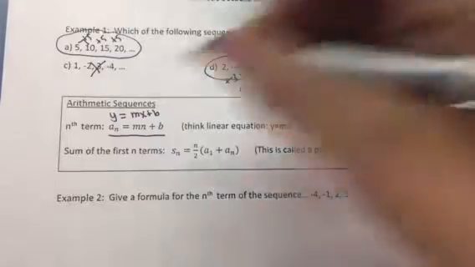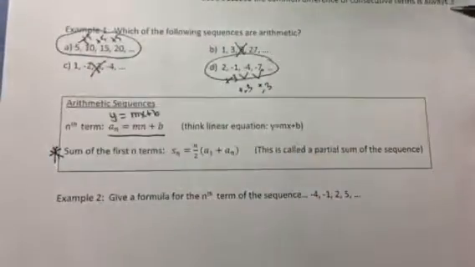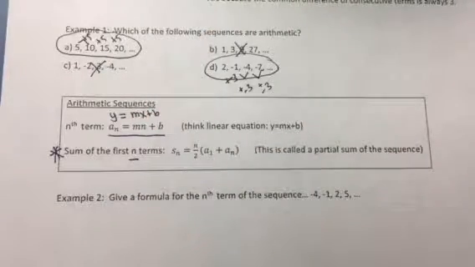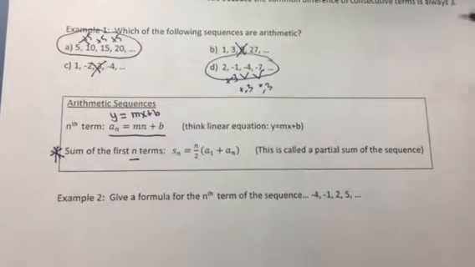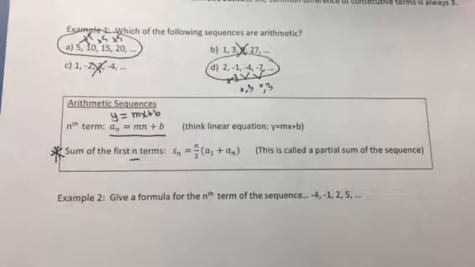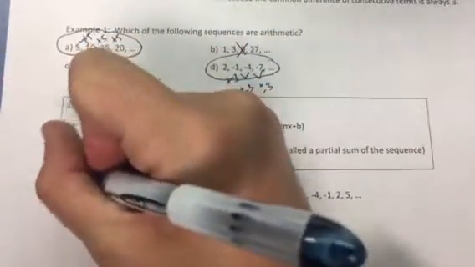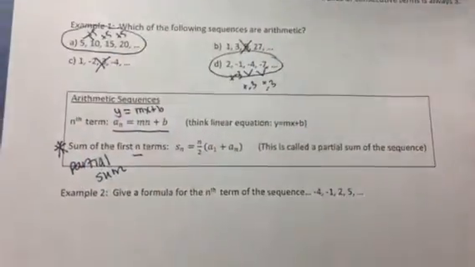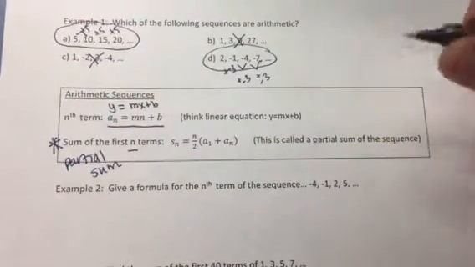All right, the sum of the first n terms, and this is pretty important, I'm going to put stars by this. The sum of the first n terms is another way of saying the partial sum of the sequence. This is something you might just see in calculus.